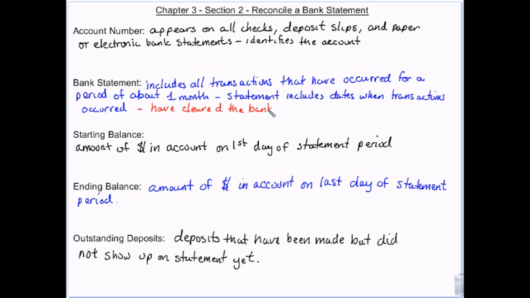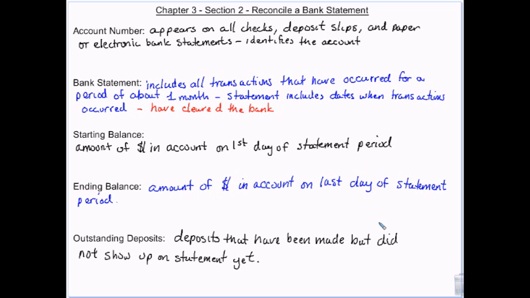If a transaction, let's say they print your statement out on the 30th of the month and you went shopping on the 29th, but it didn't hit your bank yet, even though you were in that statement period, it won't show up yet because the bank doesn't know it happened yet.